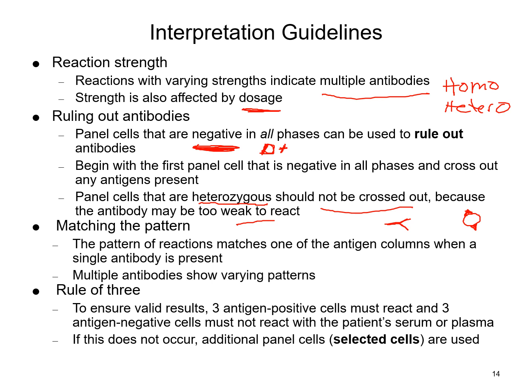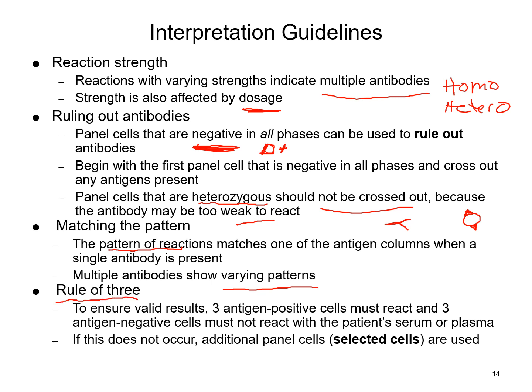Now, once we go through our rule out process, then we're going to start matching those patterns of reaction in those antigram columns to try to figure out what we actually have going on. And if we suspect that we've got multiple antibodies, we've got to look at the various patterns that they are demonstrating in that reactivity. And then we also use the rule of three.